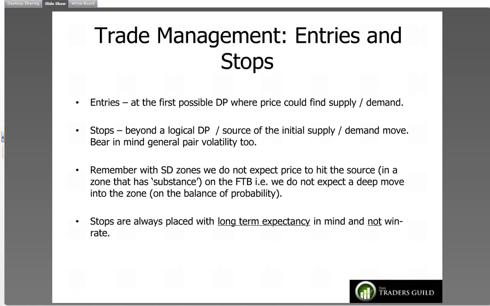So price could easily move down to a lower supply decision point, still react and still hold, and the trade still work out. So I don't want to get too greedy, and you have to bear in mind volatility in that respect too.